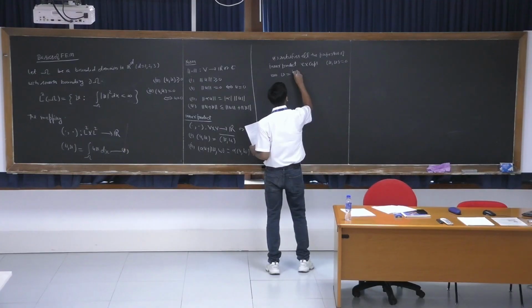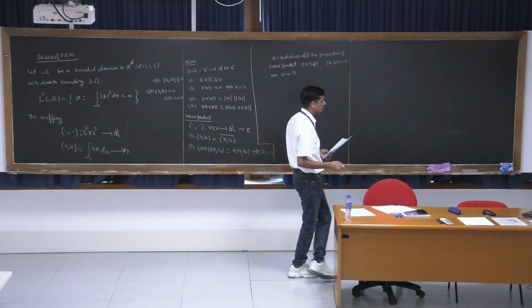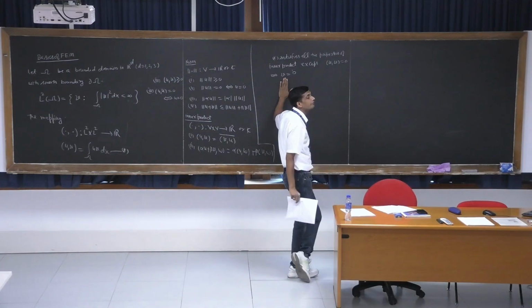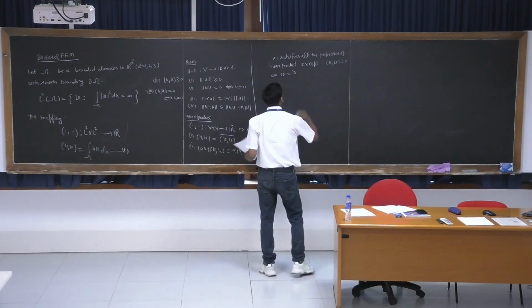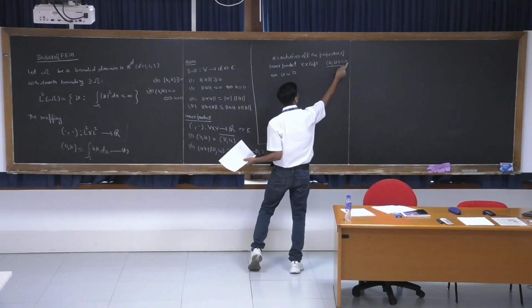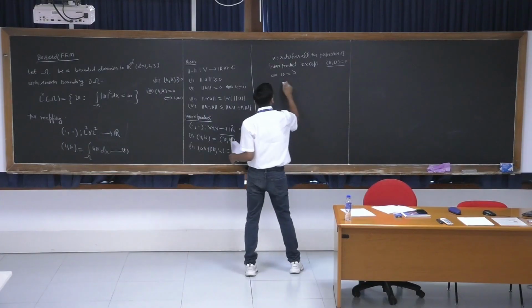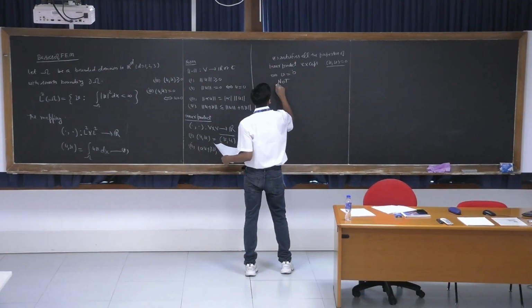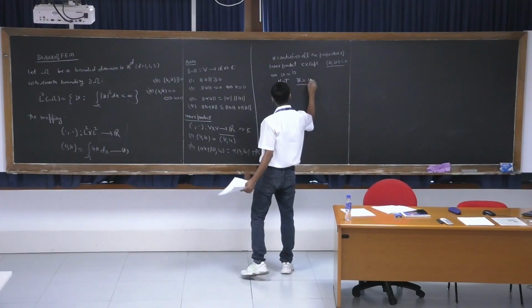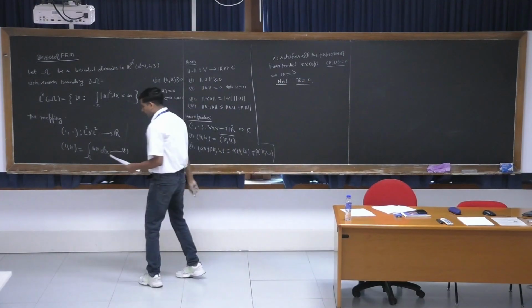So here we will use the concept of almost everywhere. The inner product of v with itself being 0 does not necessarily mean v is 0. This may happen: the inner product of two elements is 0, but not necessarily v is equal to 0. I can give an example.